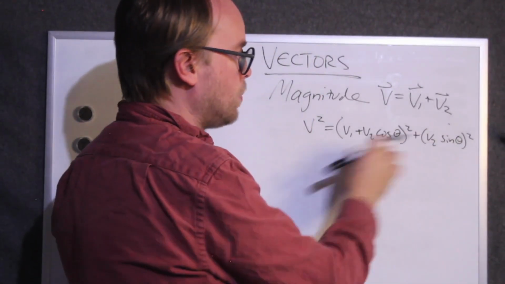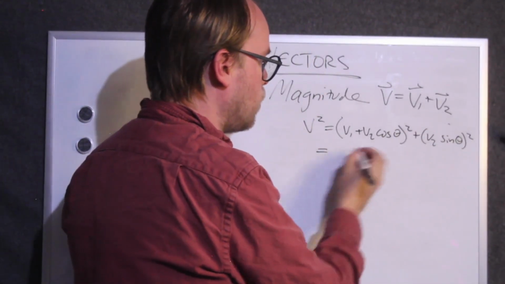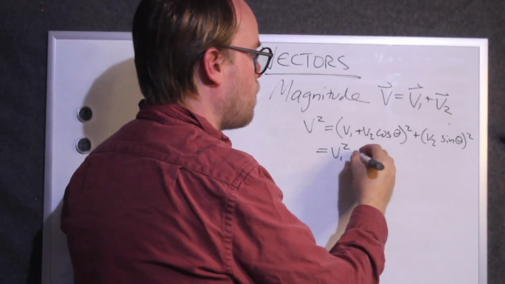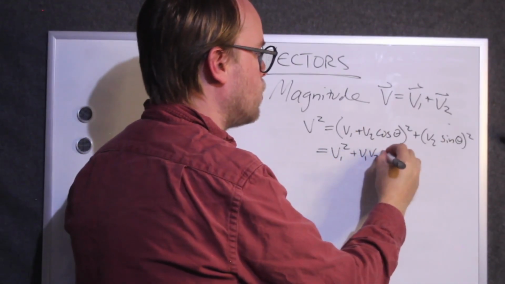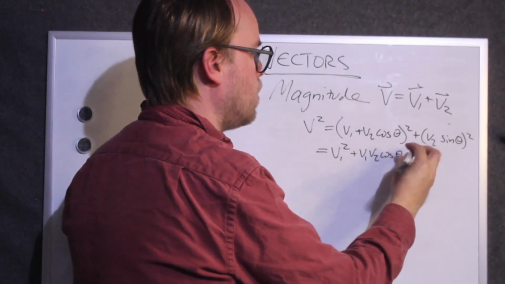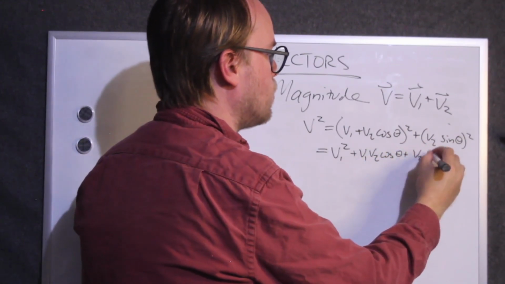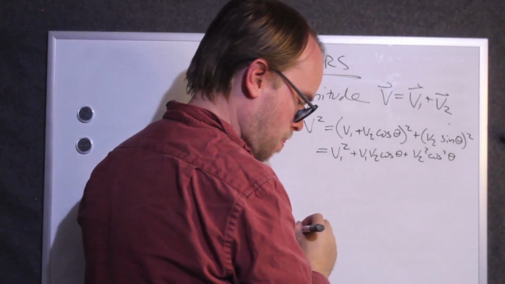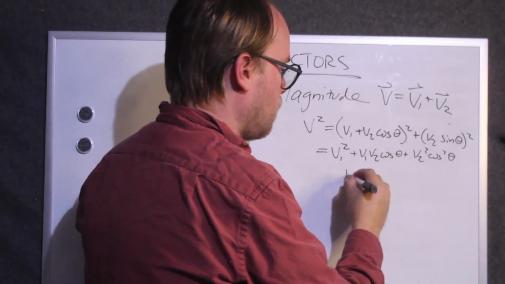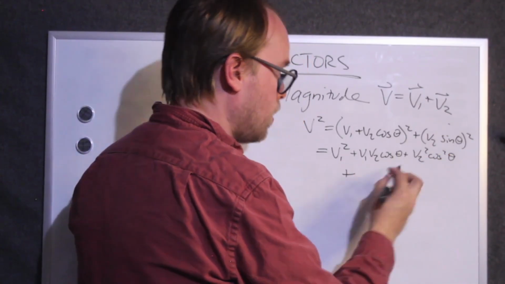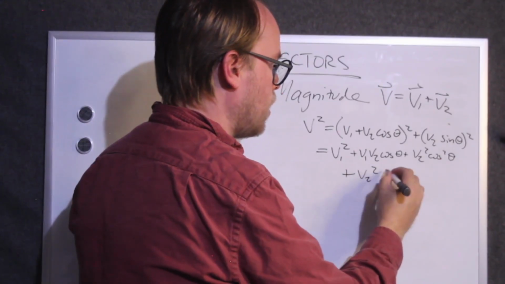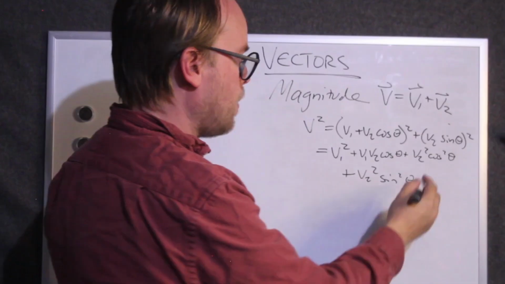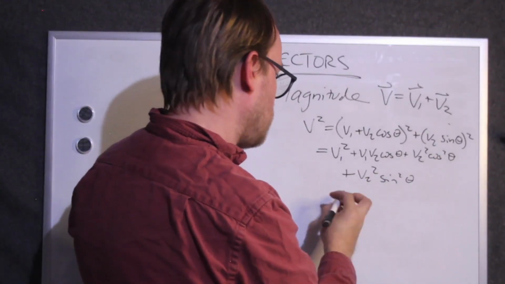So if we multiply these both out, we'll get v1 squared plus 2 v1 v2 cosine theta plus v2 squared cosine squared theta plus v2 squared sine squared theta. Right? Okay, so now let's do this.